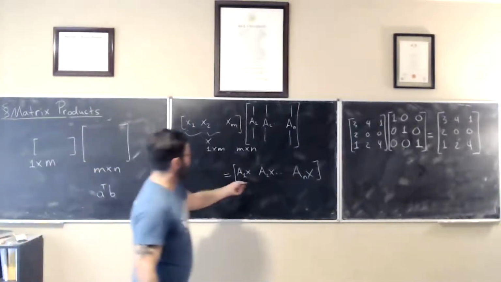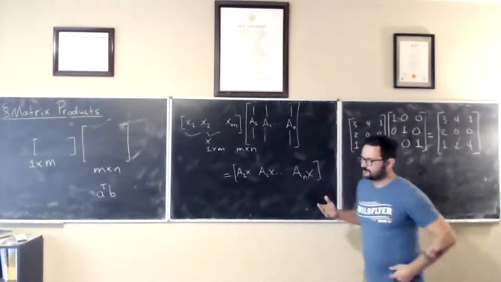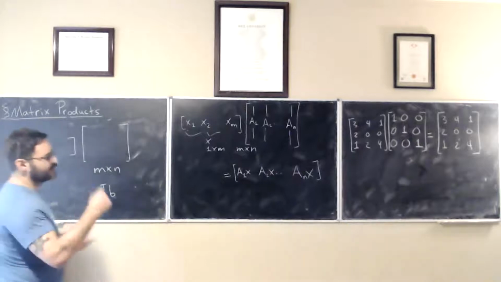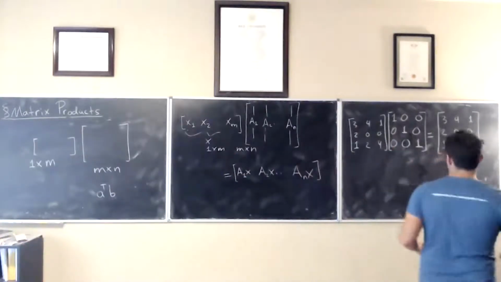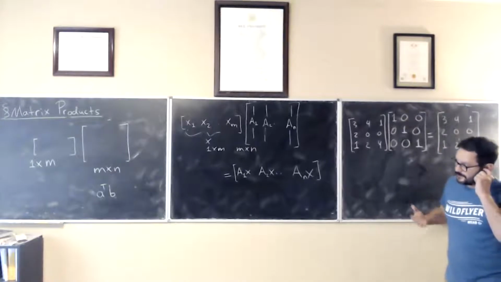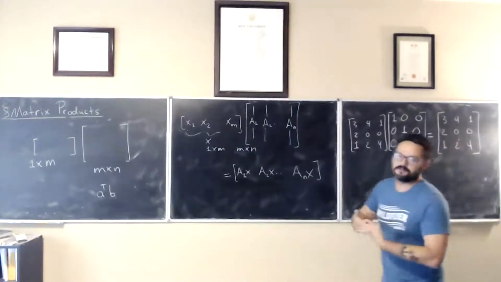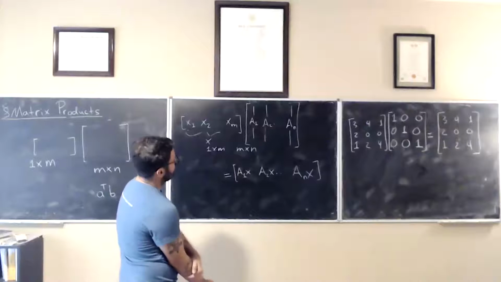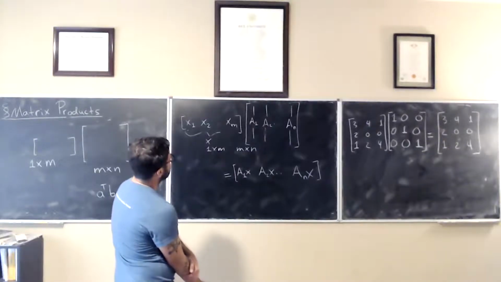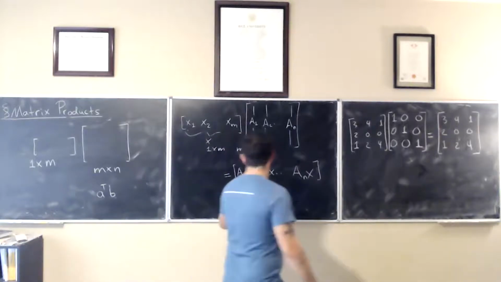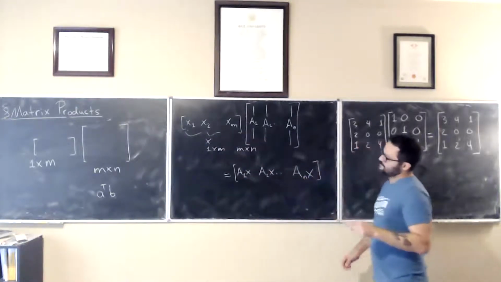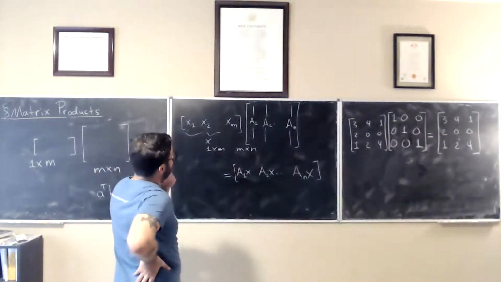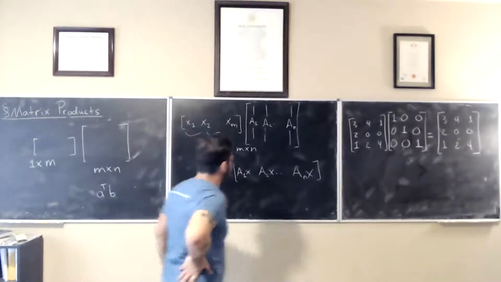Okay, and how can we interpret this row? Like a lot of linear algebra, because the computations can be very tedious when you have large matrices, we should always strive to have an interpretation of the things that we're doing. So here, X is doing something to, how can we interpret this?